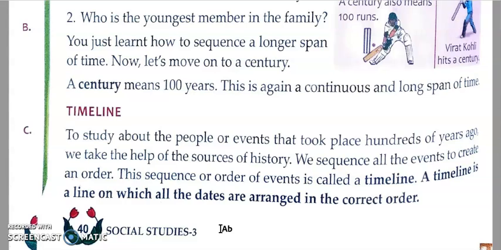The sources of history we have to take for the sequence of all the events, how it happened. So this sequence of order of events is called timeline, and timeline is a line on which all the dates are arranged in correct order.